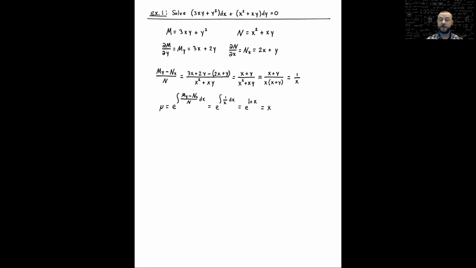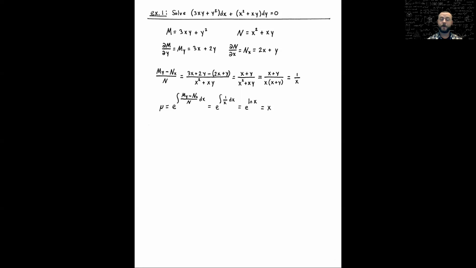All right, so we get here inside the exponential function, the integral of 1 over x, which we know integrates to natural log of x. E raised to the natural log of x cancels to x, since the exponential function and the natural log function are inverses, they cancel.